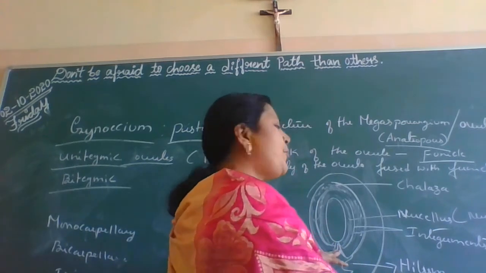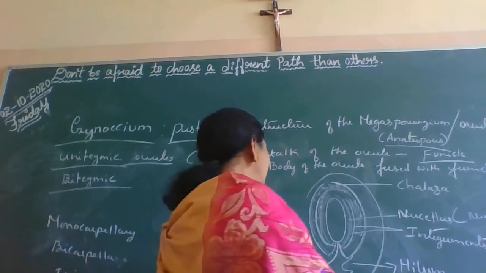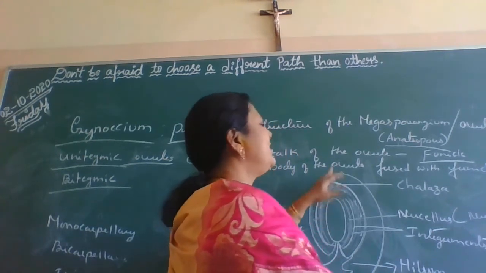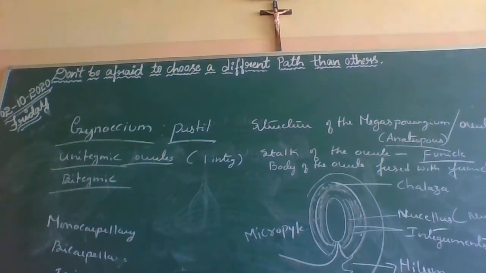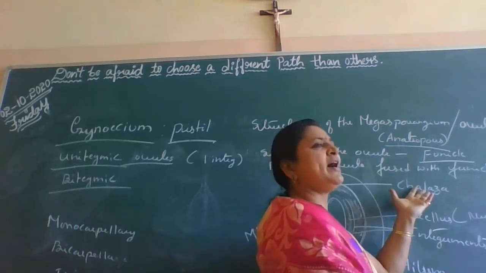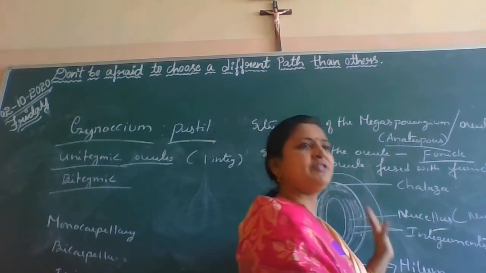So which are the two poles we got now? One is the micropylar region and the other is the chalaza region. How can you identify the micropylar region from the chalaza? Micropyle is the minute opening of the ovule where integument is absent. The region quite opposite to micropyle from where integuments arise is called as chalaza. So that means the ovules maintain a definite polarity.